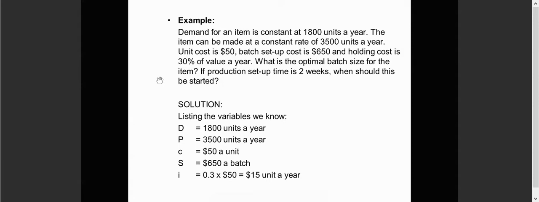To determine whether to use the production order quantity or economic order quantity, we can find out from the problem here.